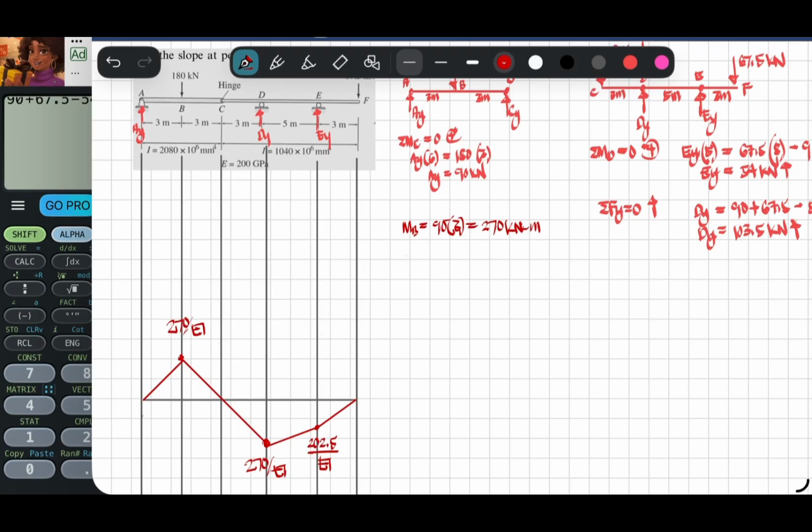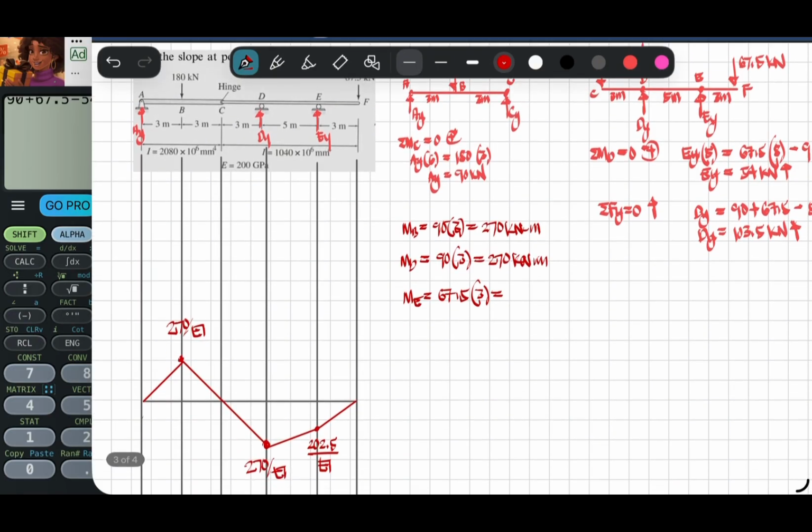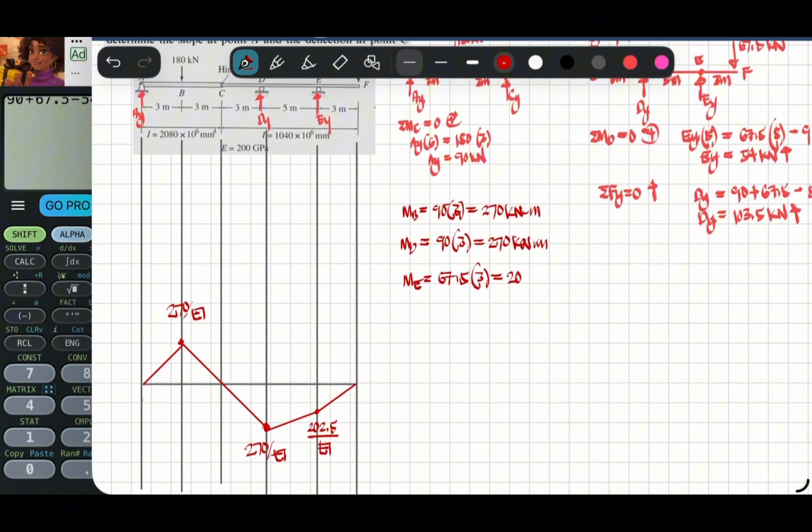M at D is equal to CY, 90 times 3, 270. And then M at E is equal to 67.5 times 3, 202.5 kilonewton meter.